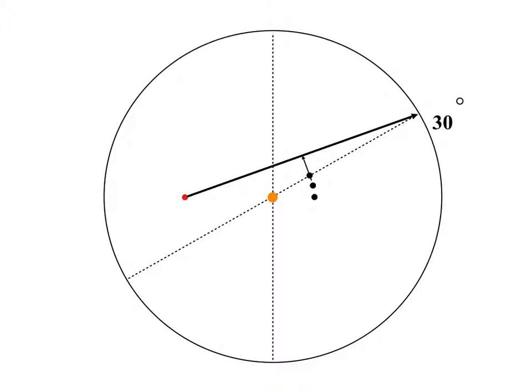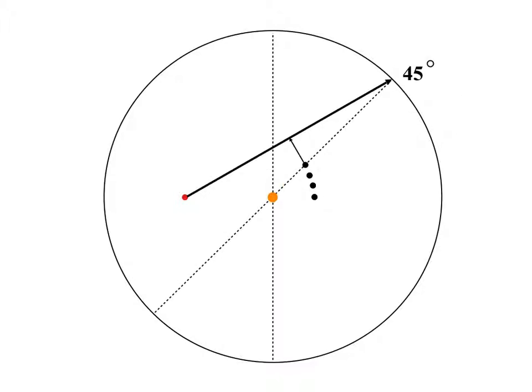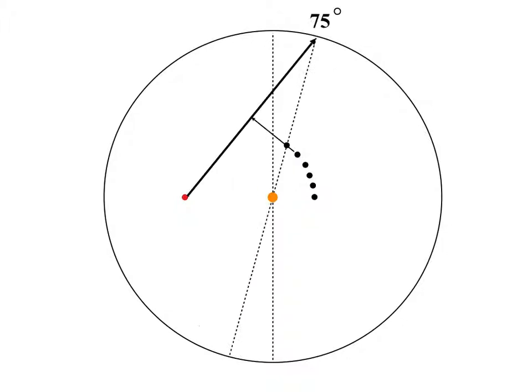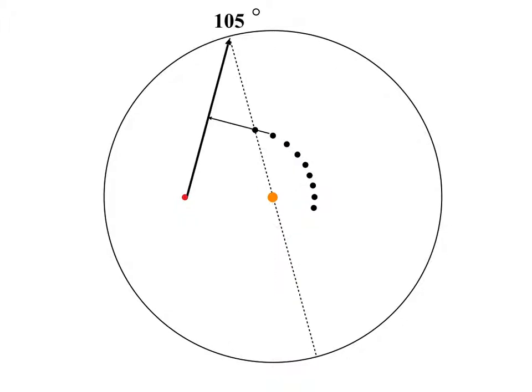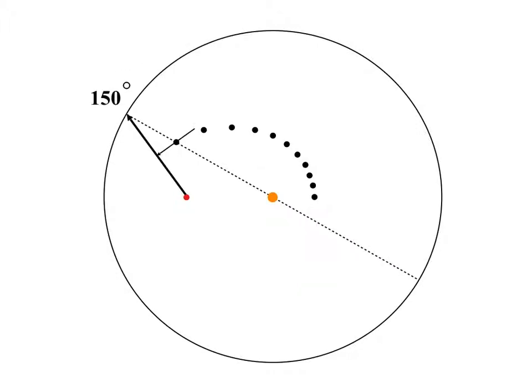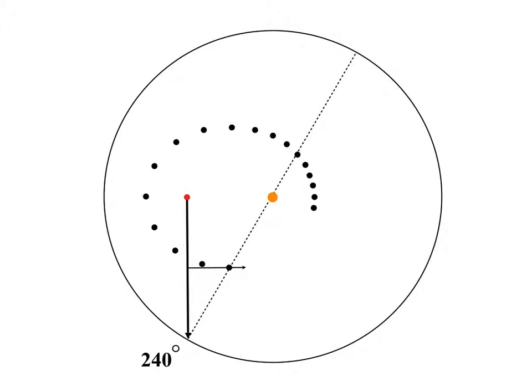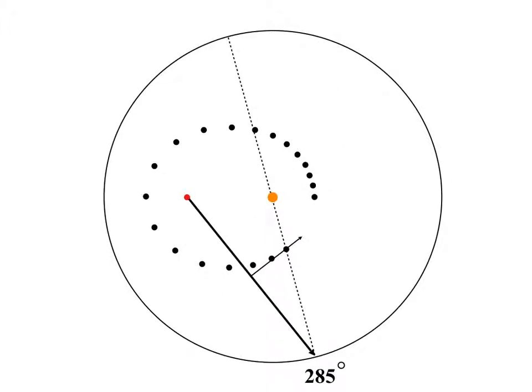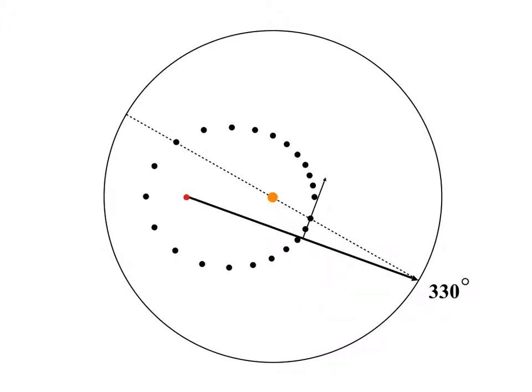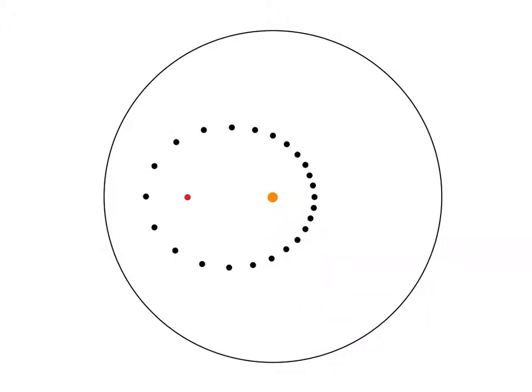So watch what happens as we repeat this process every 15 degrees of azimuth. It looks like an ellipse, doesn't it?